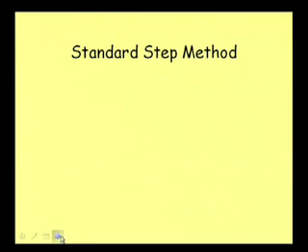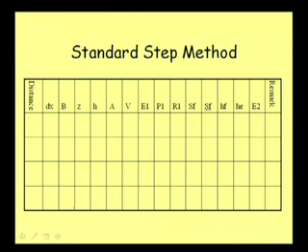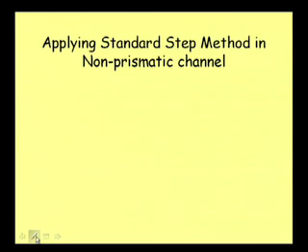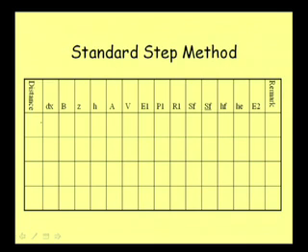Well, to have a better understanding of how we actually use the standard step method, we can see it through this table. You can refer to the table. Here we have one advantage. Let me take this slide and show you.